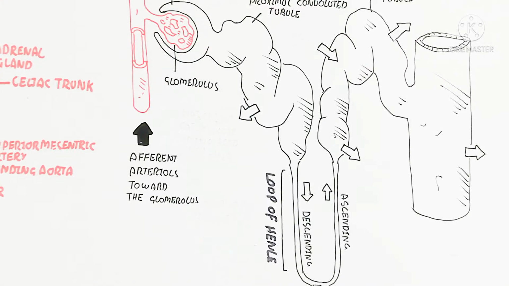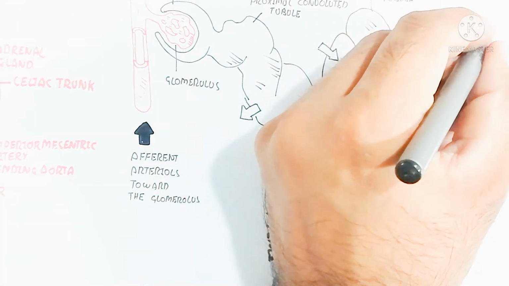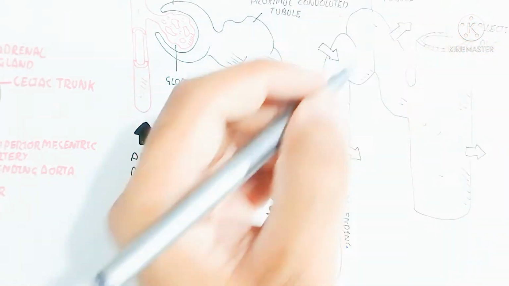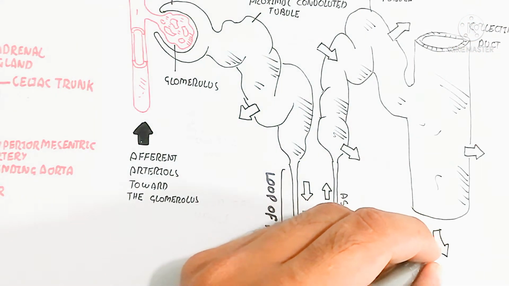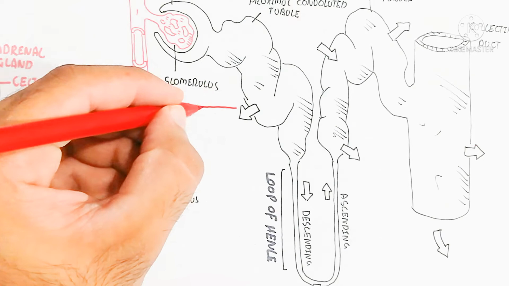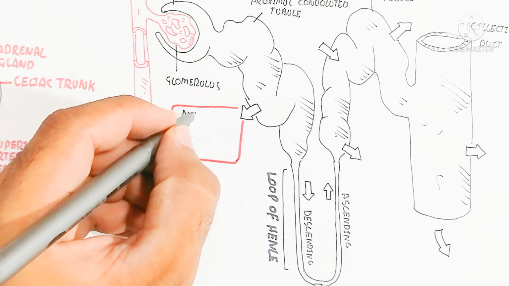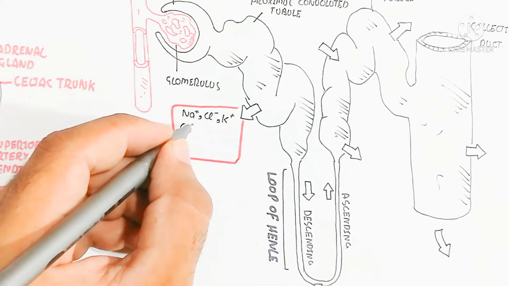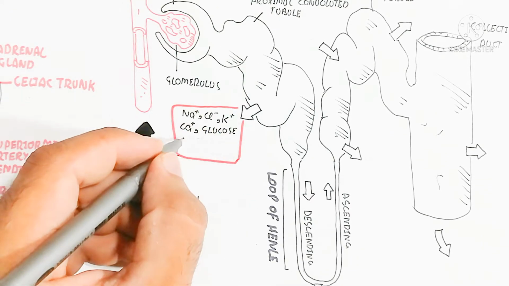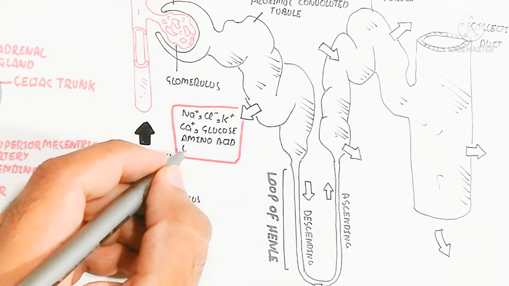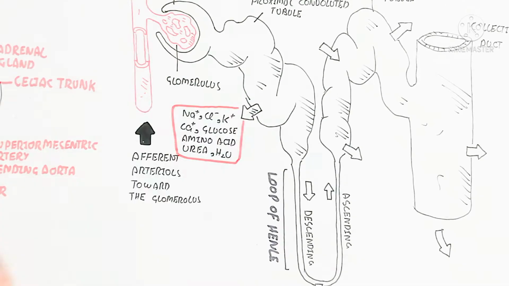Different regions of the nephron are used for the reabsorption of different minerals and ions. Number one, the proximal convoluted tubule absorbs sodium, chloride, potassium, calcium, glucose, amino acids, urea and water.